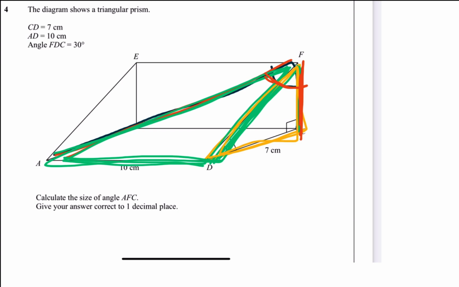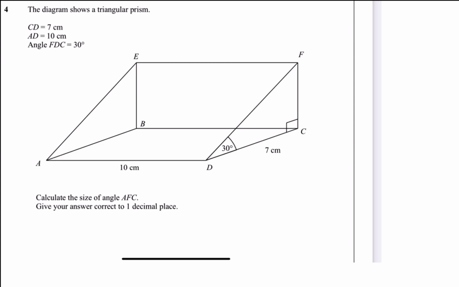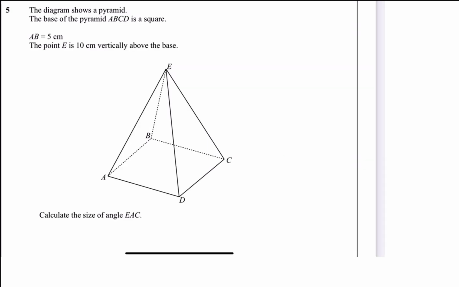Have a go at this yourself if you want by covering it and retrying it again, but we've used 3 triangles for this question. Okay, so for this question it says that the diagram shows a pyramid. The base of the pyramid ABCD is a square. So this here is a square, and as we know, the properties of a square are that the sides are all equal. They've said that AB is equal to 5.